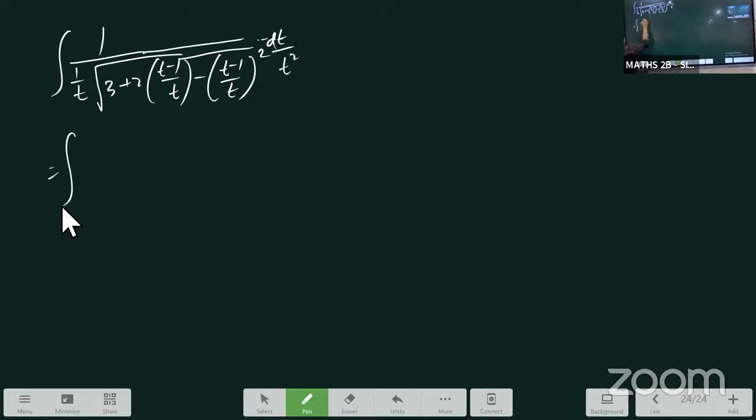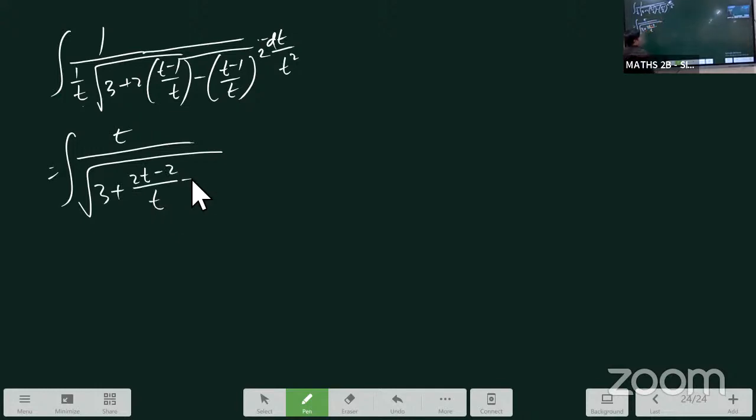Now integration of this: t will come to numerator by under root of 3 plus 2 by t minus 2, minus, separate your square and expand it. So what I get is t square plus 1 minus 2t, this minus, dt by t square as it is.